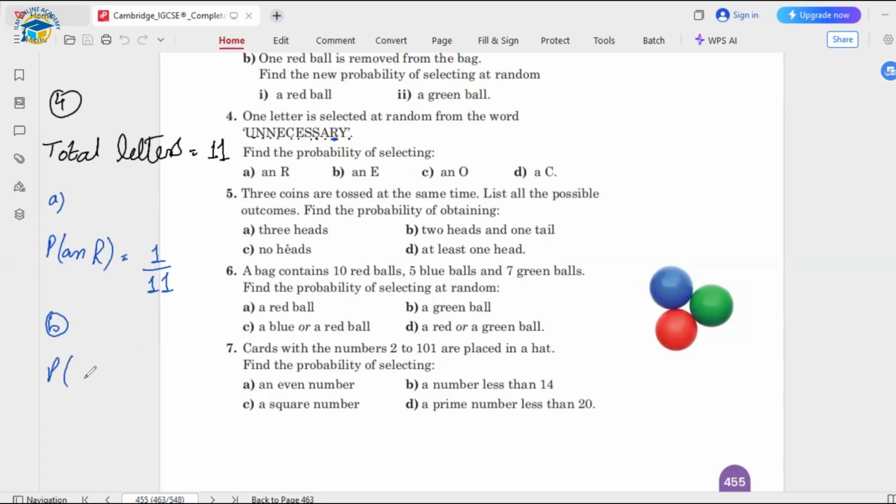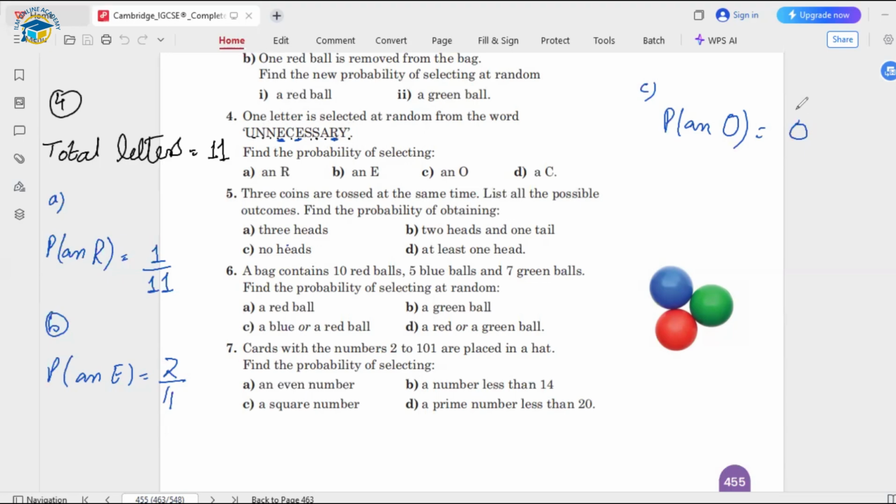B part is probability of getting an E. Okay. So how many times we got an E? We have 1 over here and 1 over here. So 2 over 11. Next, part number C. C part is probability of getting an O. So O is not there, so probability will be 0 for this because this is not part of this word.